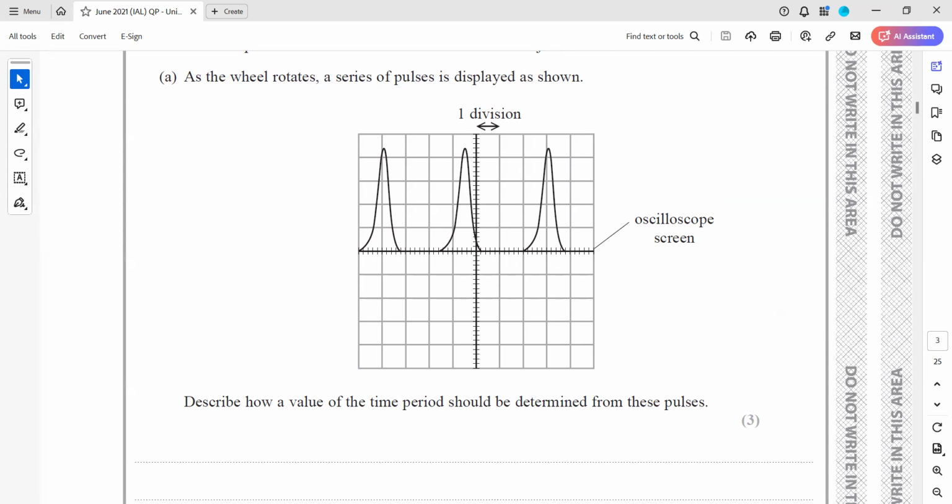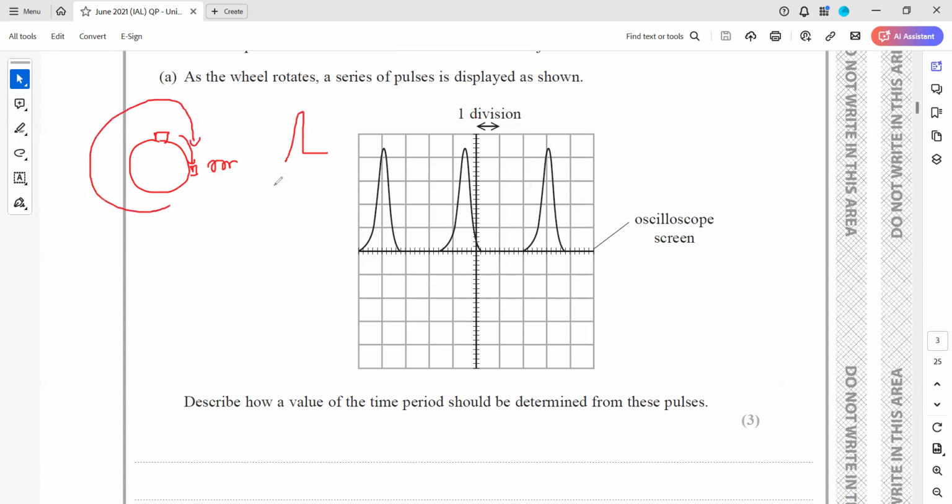So if we want to determine the time period, we first have to count the number of boxes between two successive pulses, because the time period is a time. Say this is a wheel, a magnet is there, and this is a coil. When the wheel is rotating and the magnet reaches this position, there will be a peak.